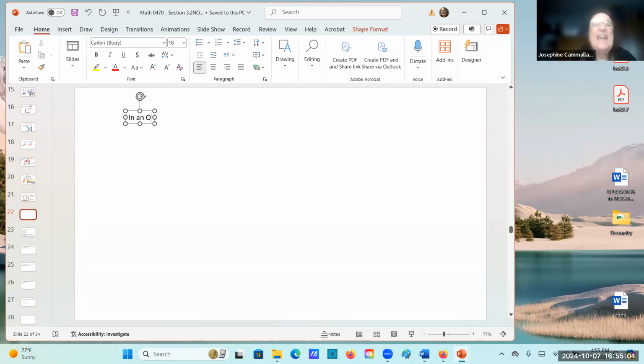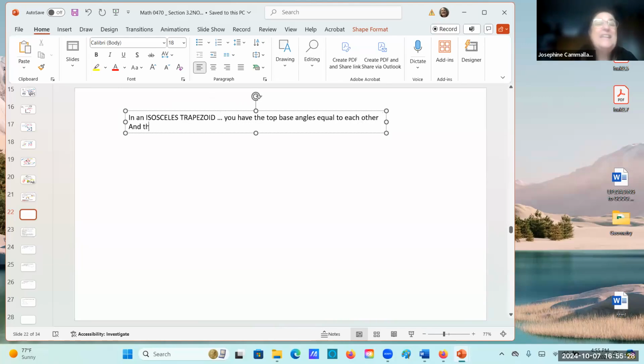In an isosceles trapezoid, you have the top base angles equal to each other and the bottom base angles equal to each other.